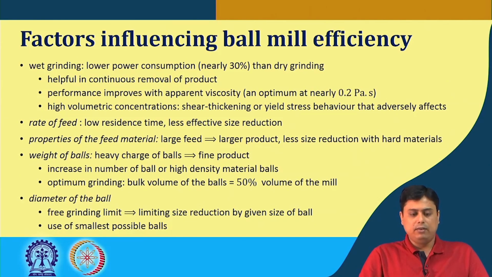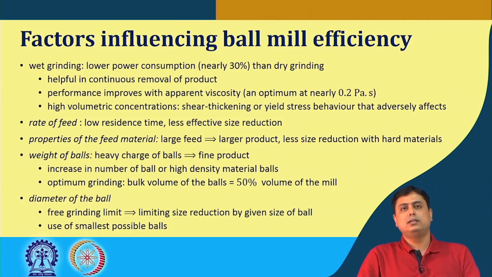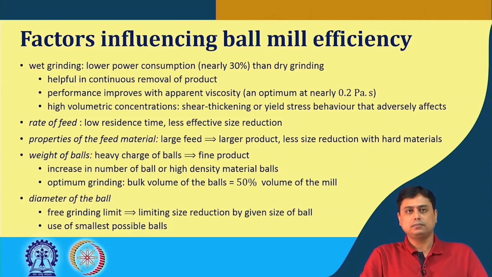There are several factors that influence the ball mill efficiency. Now, in order to reduce the power consumption, one of the popular ways to operate this ball mill is wet grinding, or operation with some liquid.